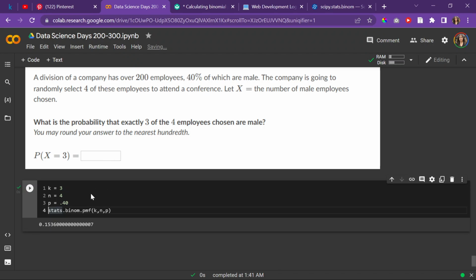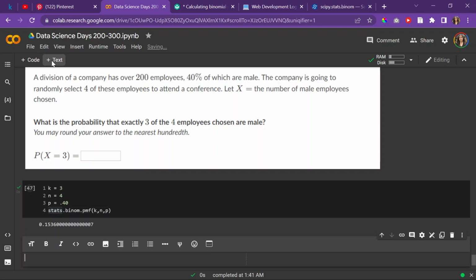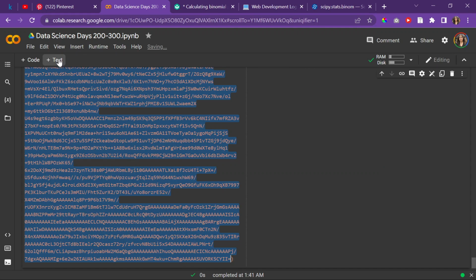You're not kidding me, right? Because how is this thing going to be frozen? Okay, paste that in there.